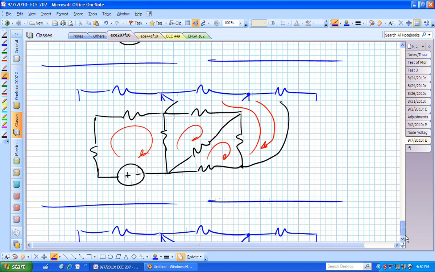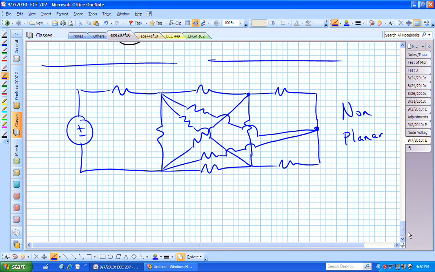The other one, the non-planar one, that's not possible. We can't separate that out or pull that out to where you have all of these little isolated meshes. Now if we start going around one, we're actually going to trip over a wire.